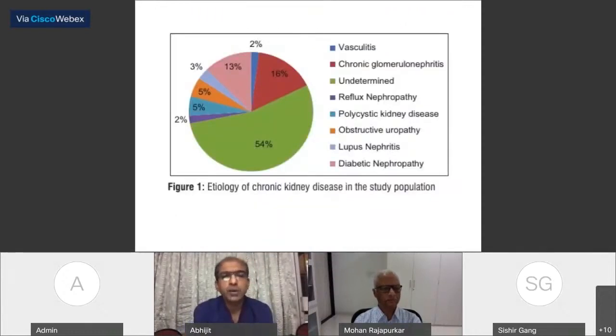The reason for chronic kidney disease in this study population was largely undetermined. Around 16% of patients had chronic glomerulonephritis, and a host of other causes formed around 2 to 5%.